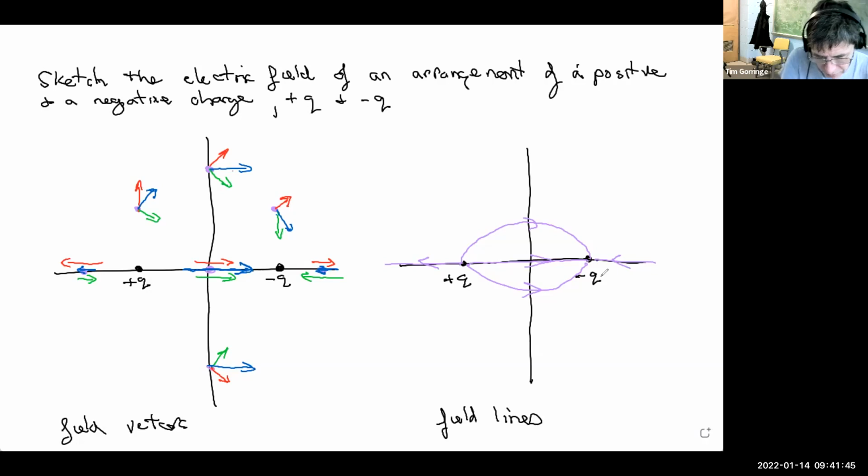So finally, let me add just a few more field lines to kind of fill out the pattern that's emerging from drawing the field vectors.